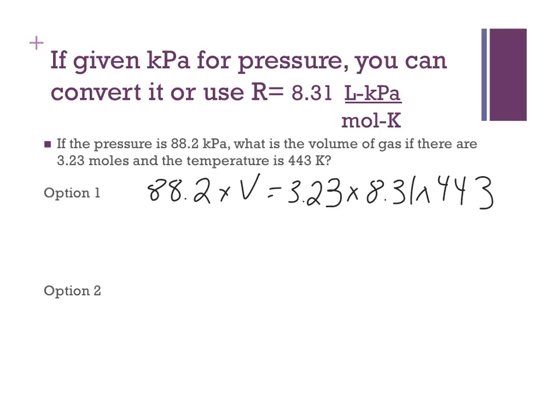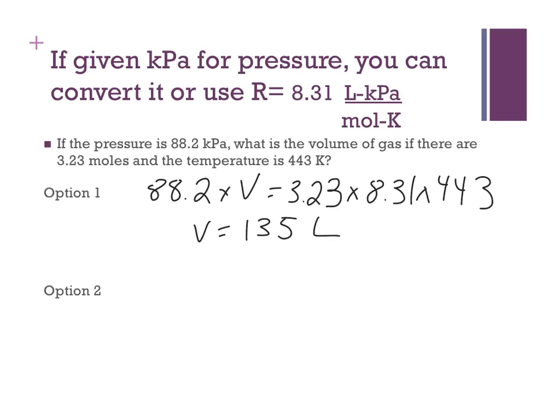So I'm going to take 3.23, multiply it by 8.31, and then also multiply it by the 443 Kelvin, divide it by 88.2. Then I'm going to go ahead and get my answer. All of these have 3 sig figs, so my volume is 135 liters.